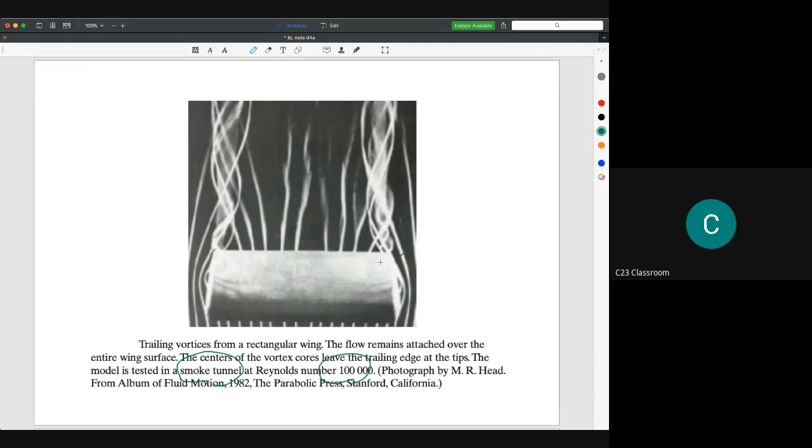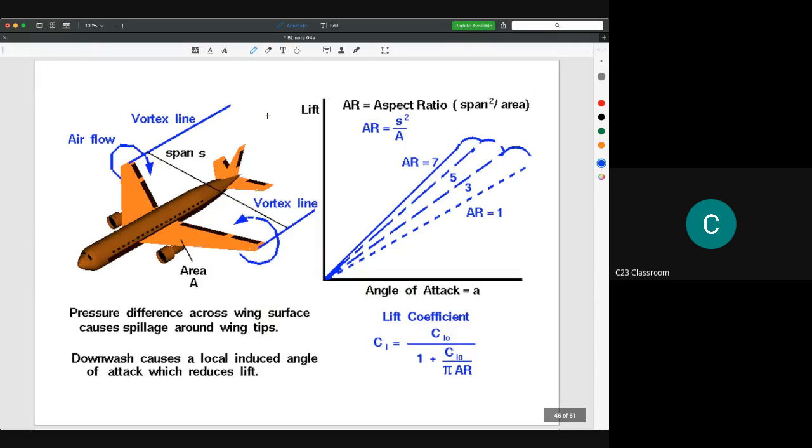So it is the evidence that the vortex at the tip of the airfoil occurs. So this is another idea to get the location where the vortex occurs. So it occurs at the tips of the wing here, and then it will flow like this.